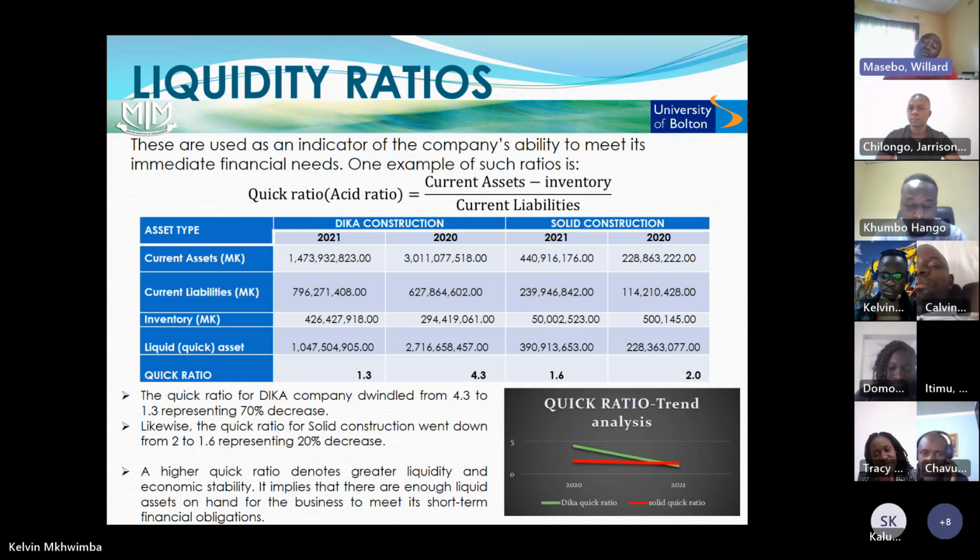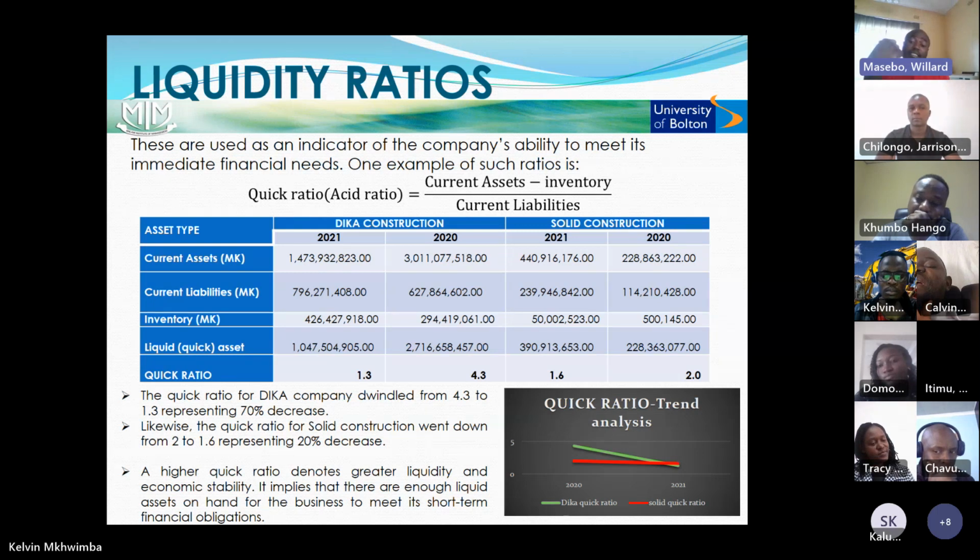But what is also important to note is that it's not always that when the quick ratio is very high, then the company is moving in the right direction. Because sometimes a higher quick ratio might mean that the quick assets are being underutilized.